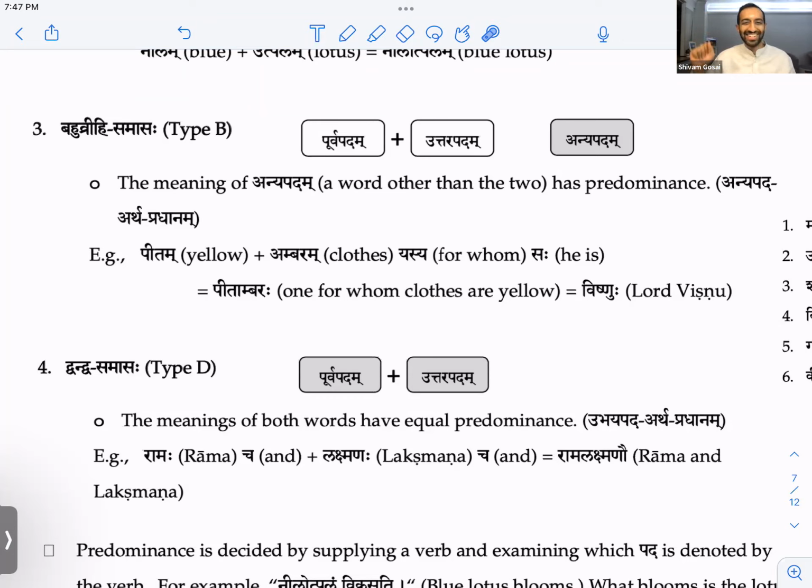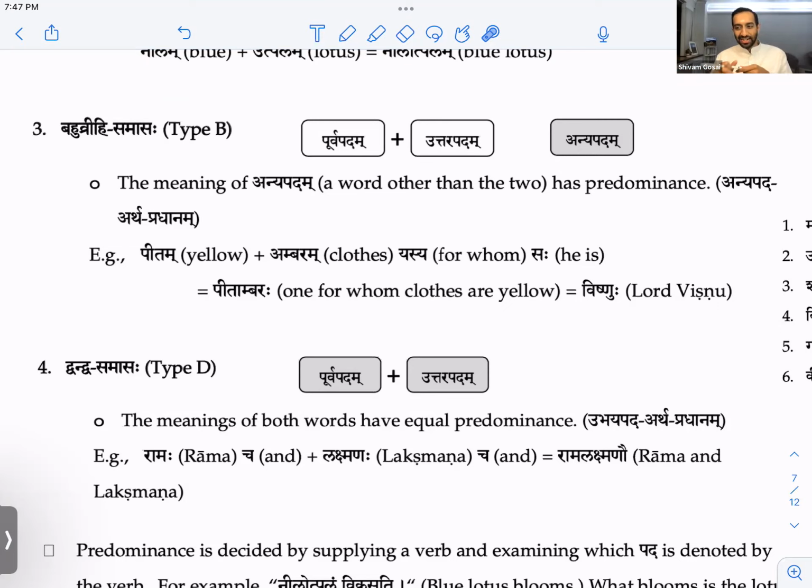Uttara Pada is type T. The Purva Pada, type A. Another word, that's type B, right? Okay, type A, type T, type B.